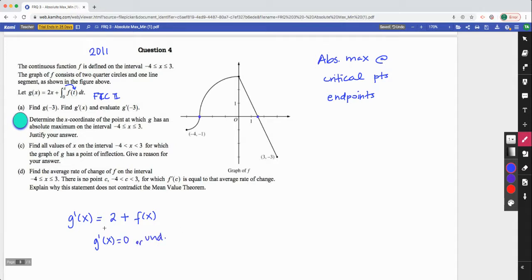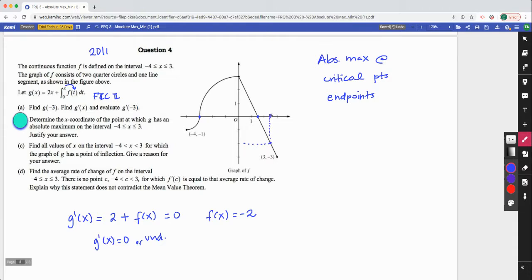Let's figure out then when g prime of x will be equal to 0. G prime of x will be equal to 0 when f of x equals -2, right? So let's come over here and see where f of x will be -2. So right here at this point, f of x will be -2.